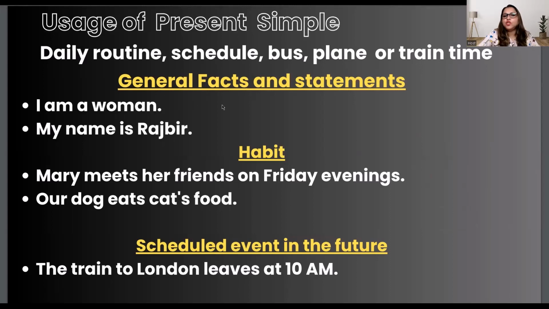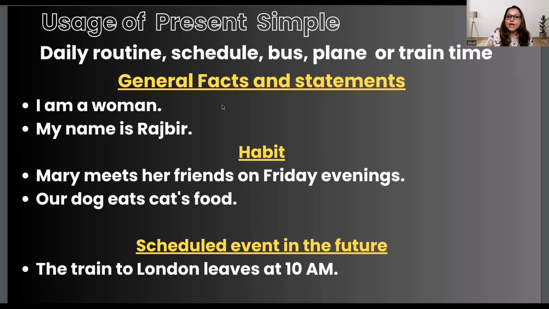For example, general facts and statements: I'm a woman, I'm a teacher, my name is Rajveer, that is a fact. And then we talk about the habit. Mary meets her friends on Friday evenings. That is a habit. Our dog eats cat's food. That's weird, but yeah, that is a habit.